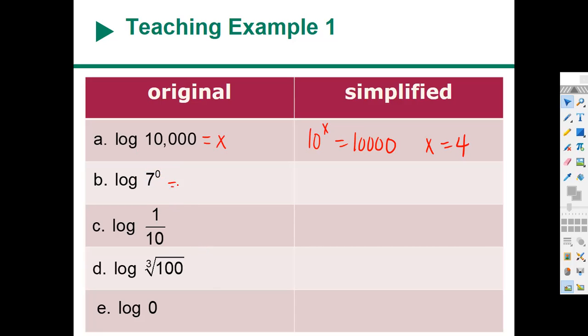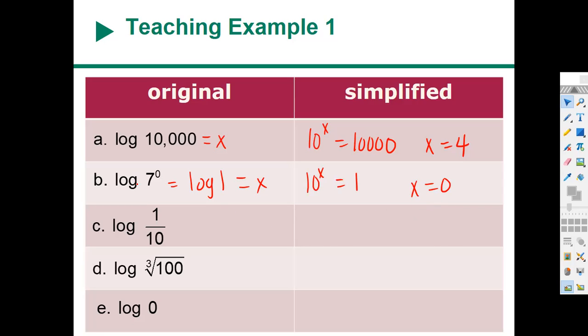So this is actually saying log of 1 equals x. So when we're looking at this, we're saying 10 to the what power equals 1. So what power would x have to be? 0.